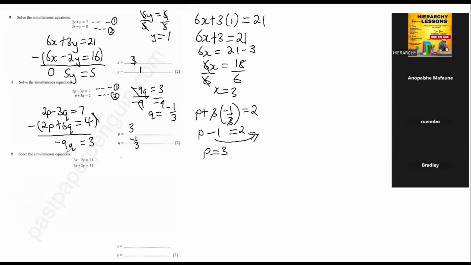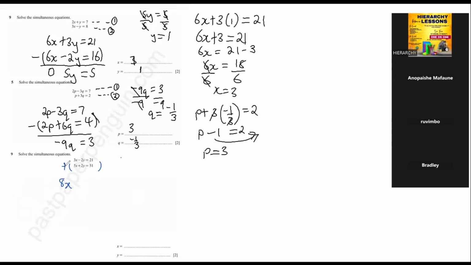Okay, so let me guide you, Bradley. You see these equations, right? It's not always that we are supposed to subtract them. If we add these two equations, 3x plus 5x, we get 8x, and then minus 2y plus 2y is 0.